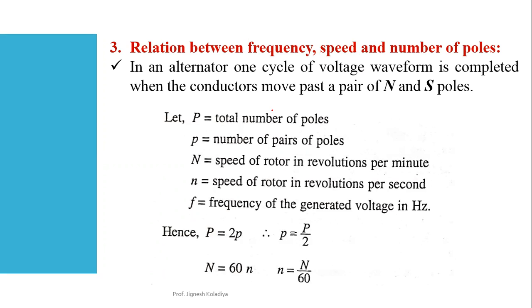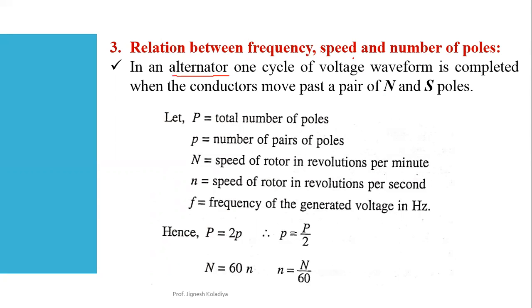So basically, when we are talking about the relation between frequency, speed, and number of poles, it is dealing with the rotating machine. Here you can see the example is given for the alternator. Alternator or generator is a rotating machine. In an alternator, one cycle of voltage waveform is completed when conductors move past a pair of N and S poles.